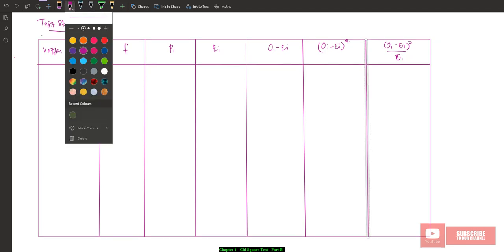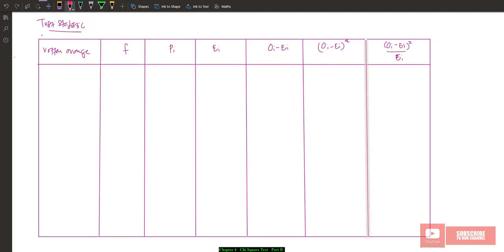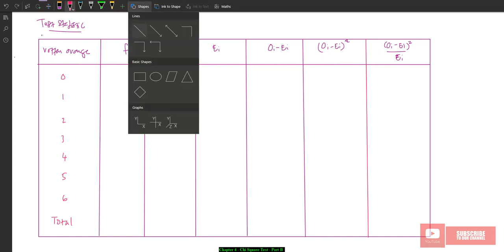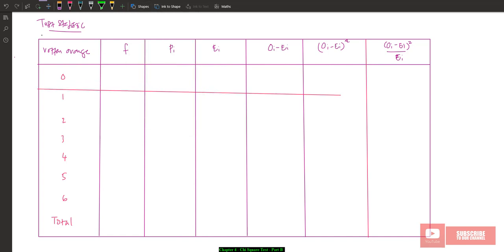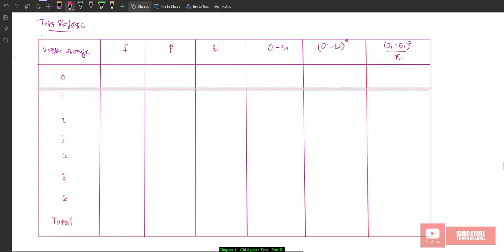So the first class is 0 rotten, 1, 2, 3, 4, 5, and 6. And the last one we have is the total, right? So let me create the lines first.